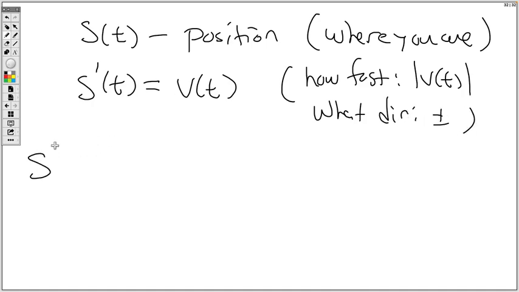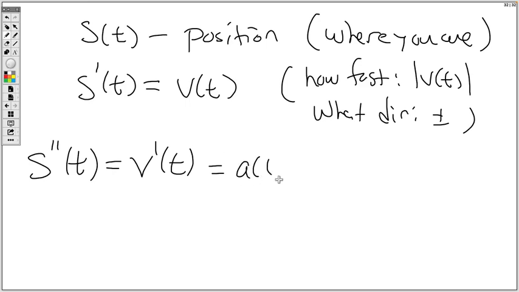And if you take the second derivative of position, which is the first derivative of velocity, that gives you the what? Gives you the acceleration. That's your rate of change of velocity, and under suitable conditions, that's directly proportional to the force acting on the object. This is the rate of change of velocity.